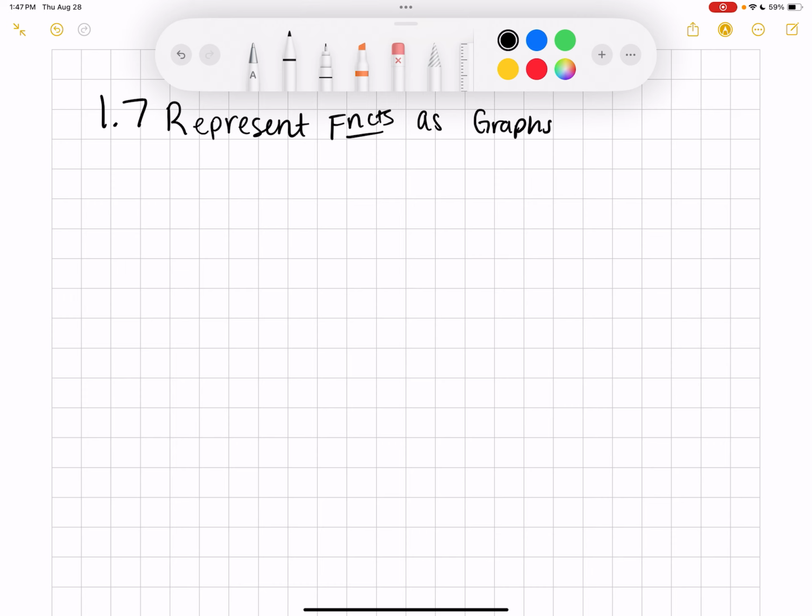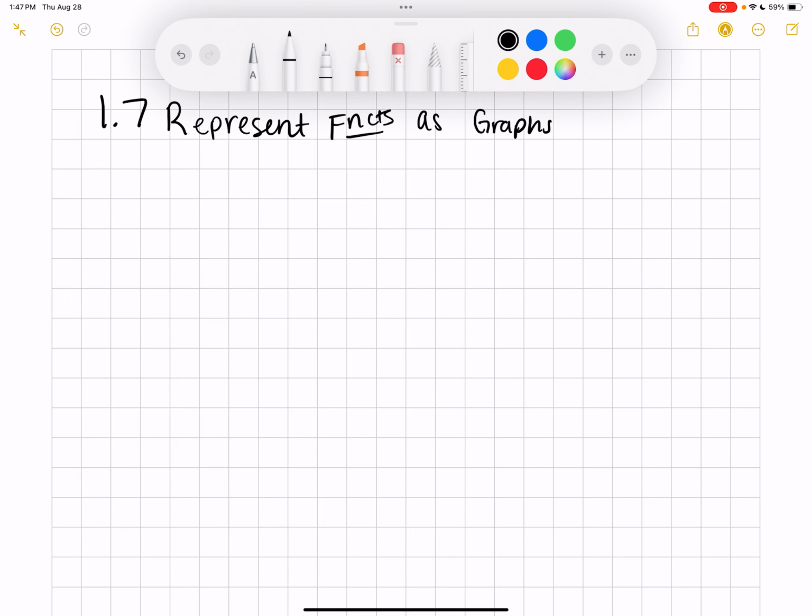All right, so yesterday we looked at functions and we looked at basically a mapping diagram to determine if it's a function, and then looking at a table, and then potentially having to find the domain and range and stuff like that.